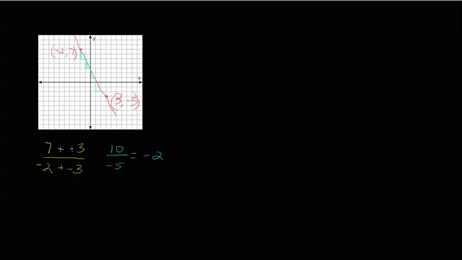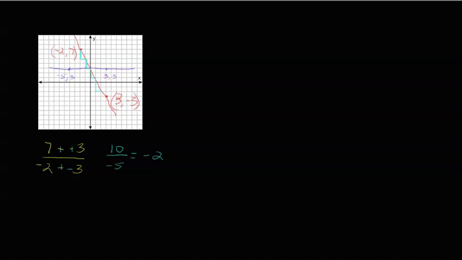Now, we have some other ones. Remember, let's say we have a horizontal line, with points (-5, 3) and (3, 3).